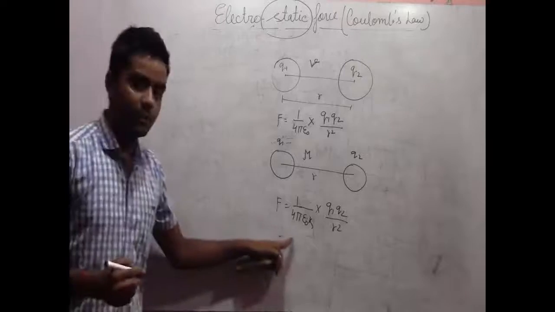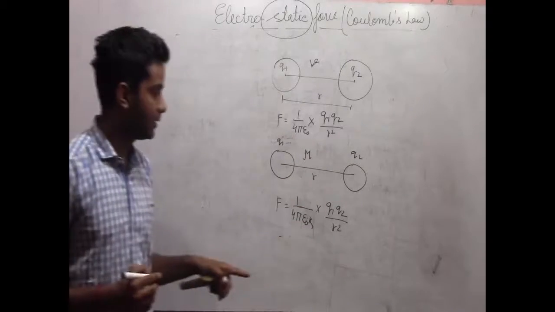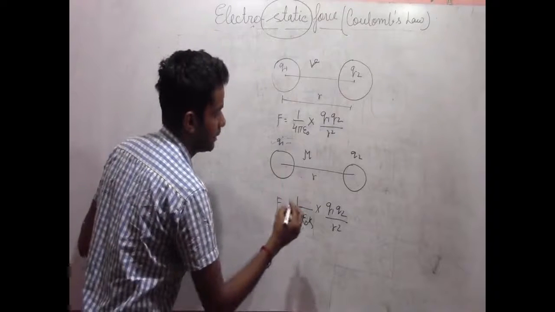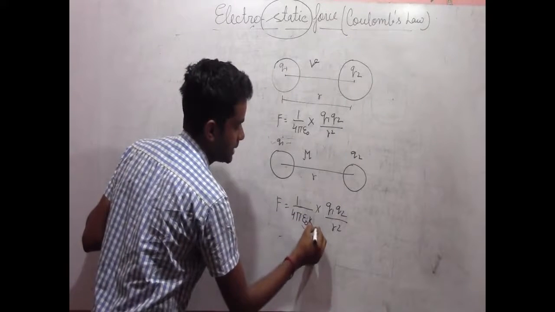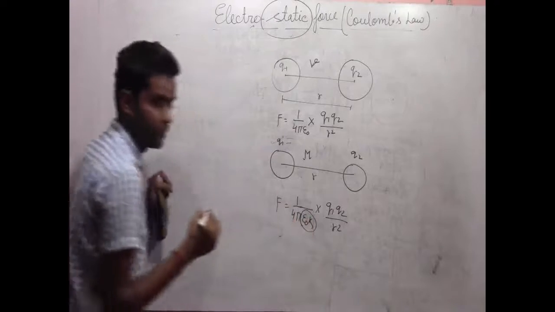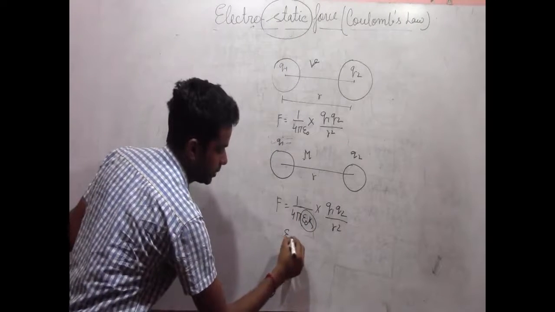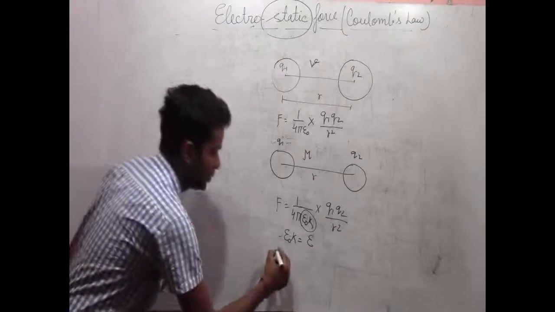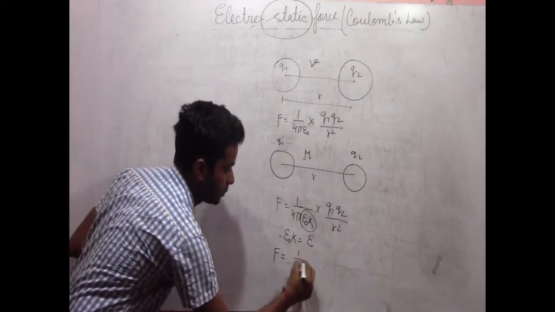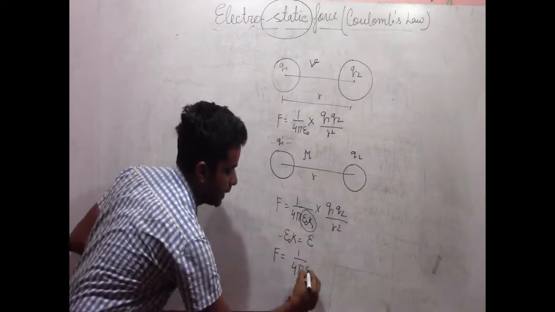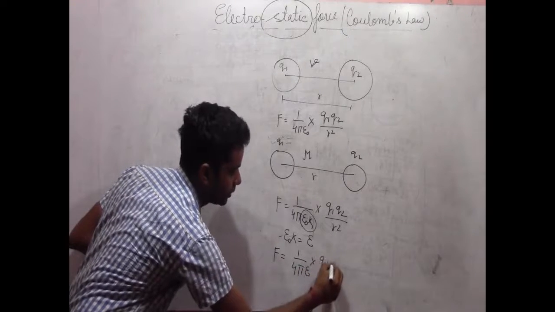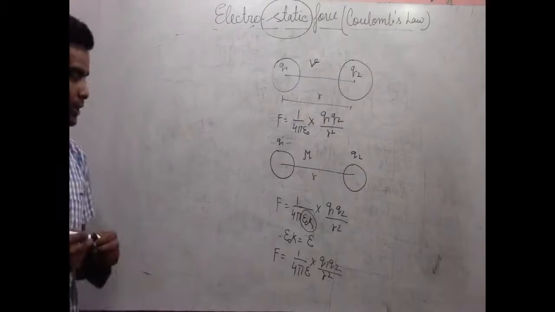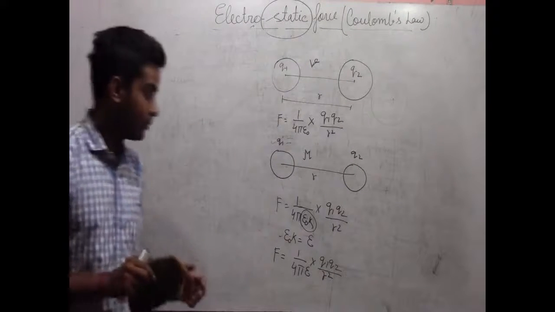This is when there is a medium between the charges. If you replace epsilon naught into K by epsilon, you may write F is equal to 1 by 4 pi epsilon into Q1 Q2 upon R square.